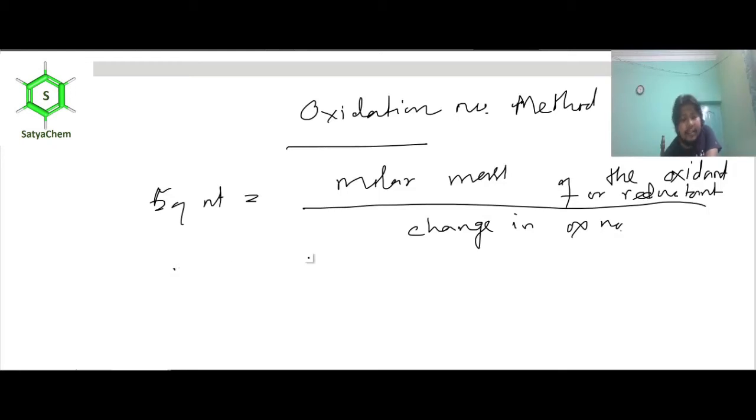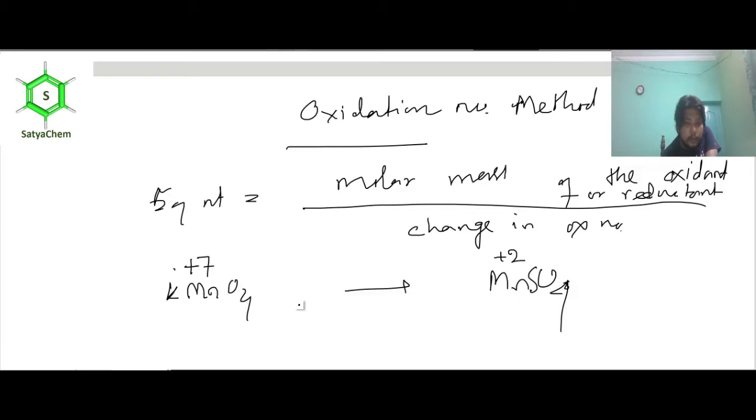In acidic medium, that is in dilute H2SO4, KMnO4 gets converted into MnSO4. Here the oxidation number of manganese in KMnO4 is +7, in MnSO4, that is Mn2 plus SO4 2 minus, it is +2. So the change in oxidation number is 5.